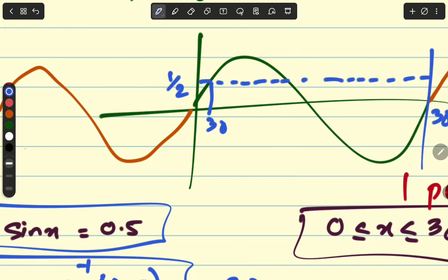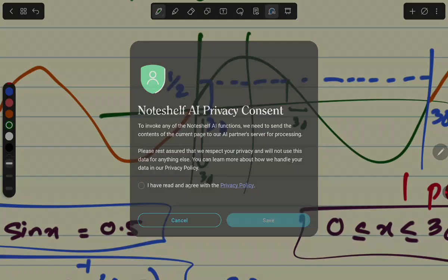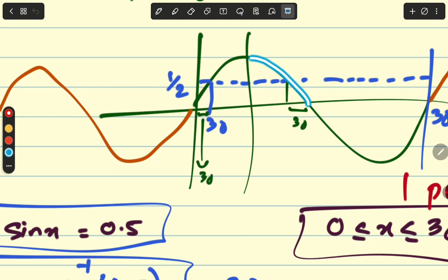If this distance is 30, then this distance is also 30, owing to the symmetry of the first section of this sine curve. It is symmetric about the line x is equal to 90 degrees. So if this distance is 30, then this distance ought to be 30 as well.